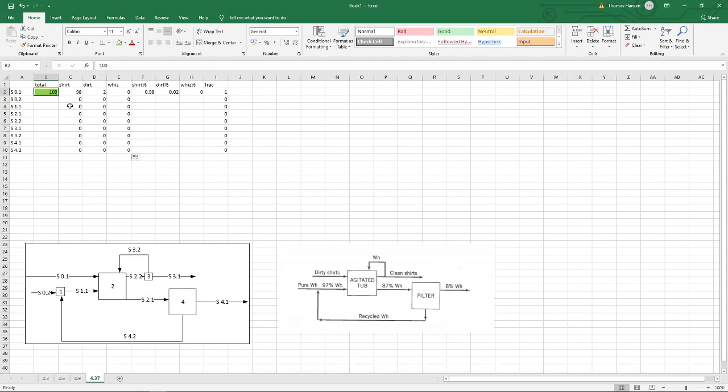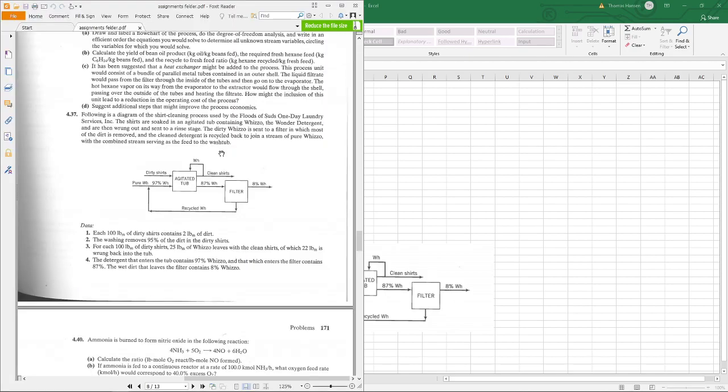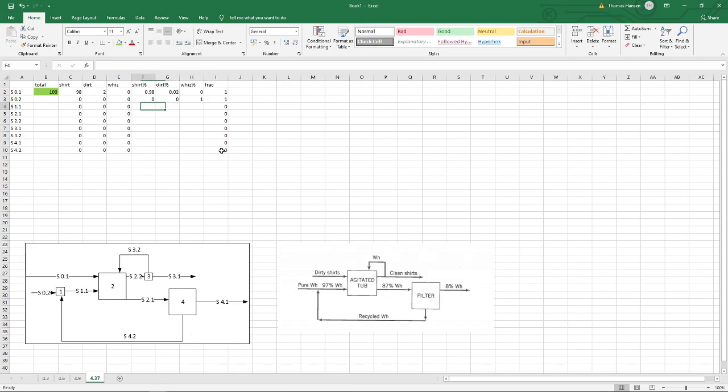Well, we know that in stream 02, we have no shirts, we have no dirt, we only have, what did they call it? Viso. In our stream 11. If you look at my drawing, I have put in some extra unit operations for my mixing points so that I can keep track of that. So in my 11 stream, that's where we have the 97% of Viso.